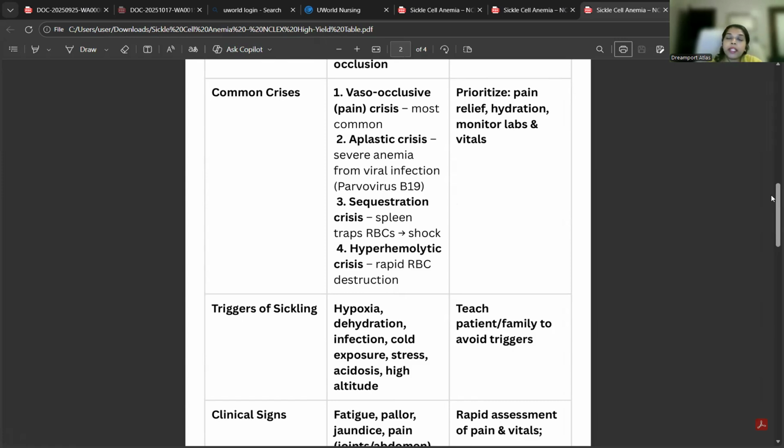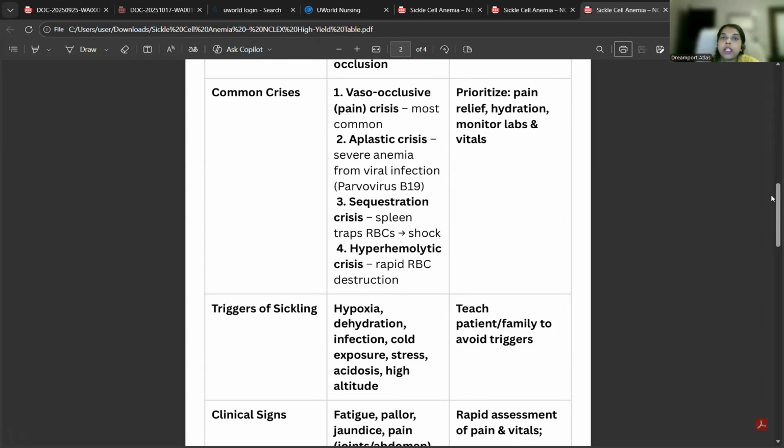So these are the main crises which can be noted in a patient with sickle cell anemia. First is vasoocclusive crisis, second aplastic crisis, third sequestration crisis, and last hyperhemolytic crisis. In vasoocclusive crisis, the sickle shaped RBCs occlude the blood flow, which can lead to hypoxia and pain.